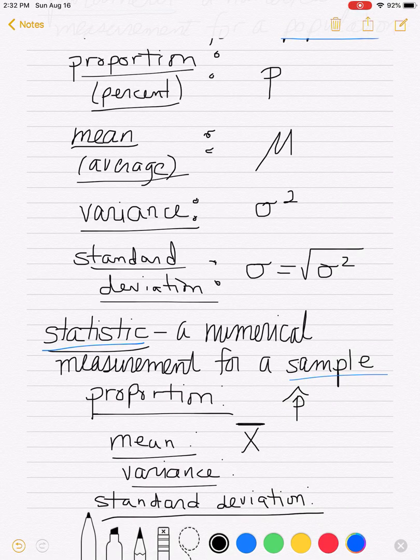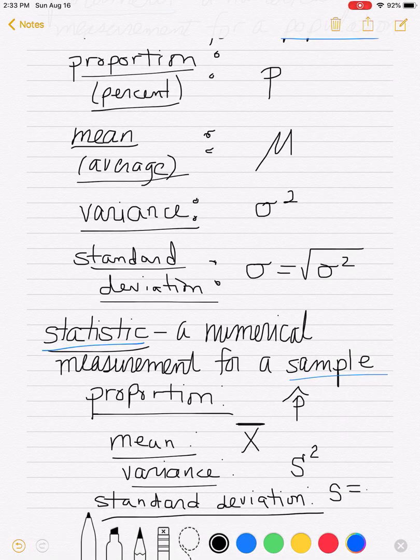So be aware of that difference. When you see this symbol, a lowercase s with the square symbol over top of it, s squared, that's the sample variance, not population variance. Population variance is sigma squared, but s squared is sample variance. And finally, sample standard deviation is simply s.